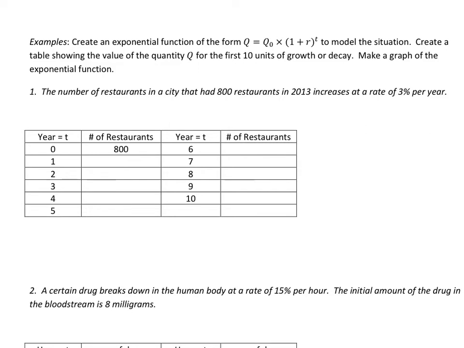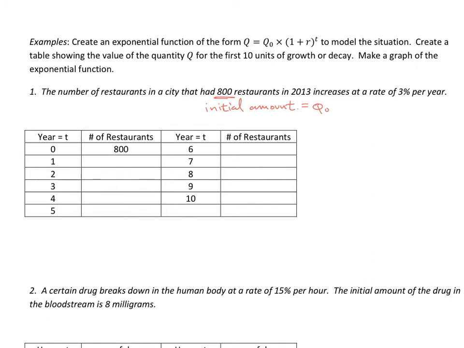So what we can do then is we can already see it's given to us. And we can see in our description here that 800 is the initial amount. And this time we will call it Q sub 0.